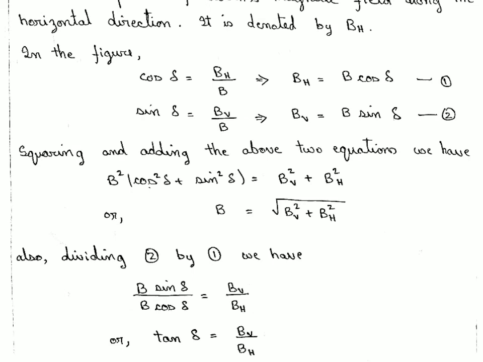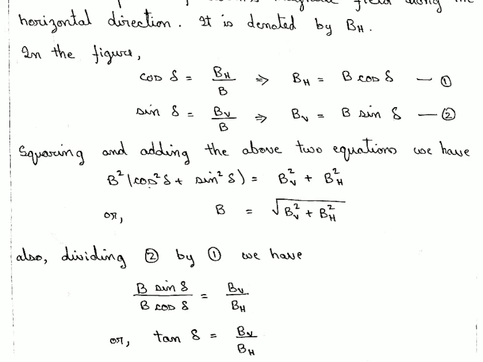And sine delta is BV, the vertical component or the perpendicular, divided by the hypotenuse, which is B. Hence, the vertical component is equal to B sine delta. So here the horizontal component, which is the third magnetic element, is equal to B cos delta. Now delta, we've known, is the angle of dip.